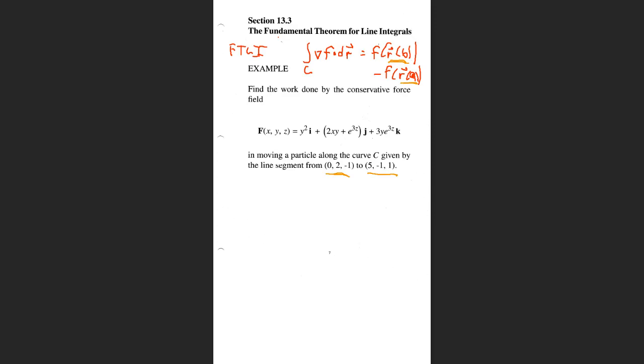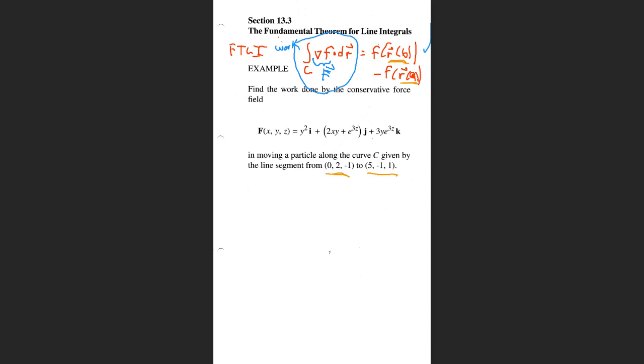If the gradient of the function equals the vector field, then this work value from that line integral can be found using the fundamental theorem of line integrals.